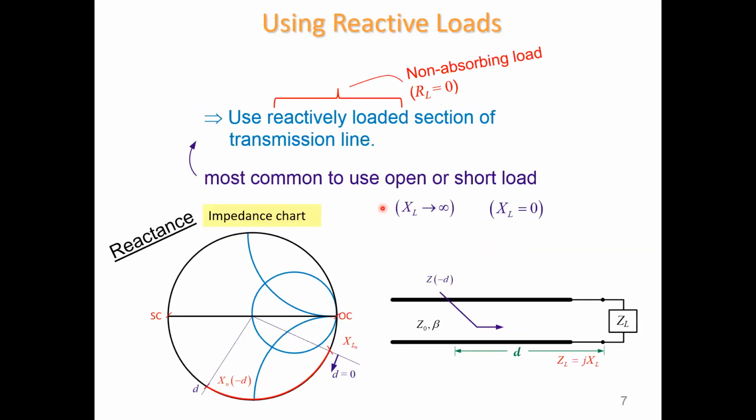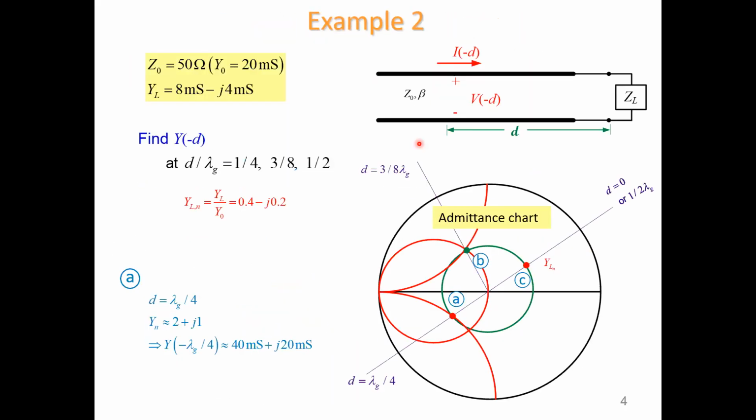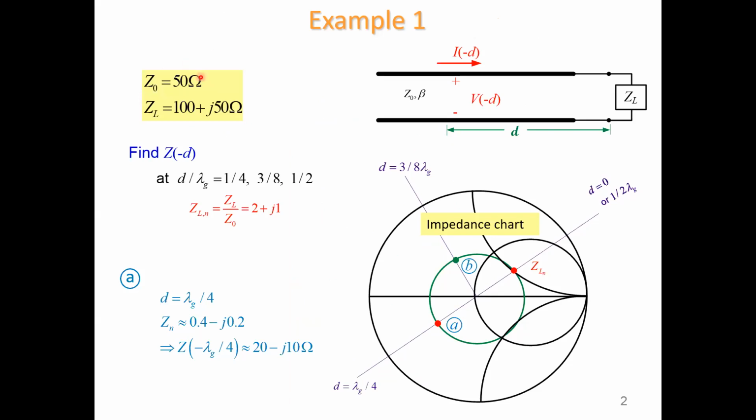Further examples. Now, from the beginning, see, Z0 is 50, ZL is 100 plus j50. So what would be the value?